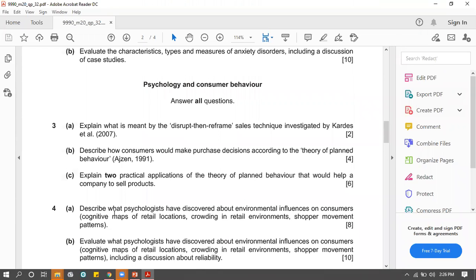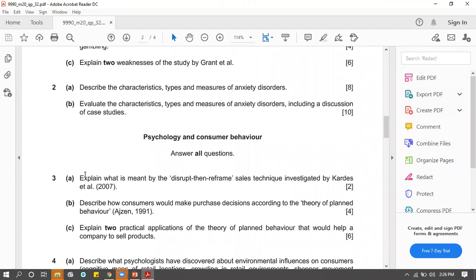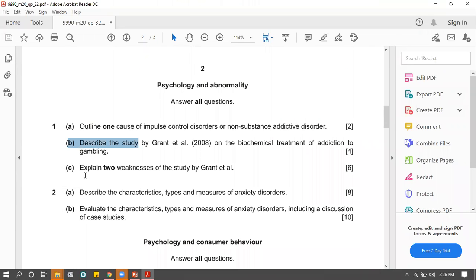Sometimes it doesn't come, but if it does, it's there. Part B is describe the Beck's Depression Inventory.